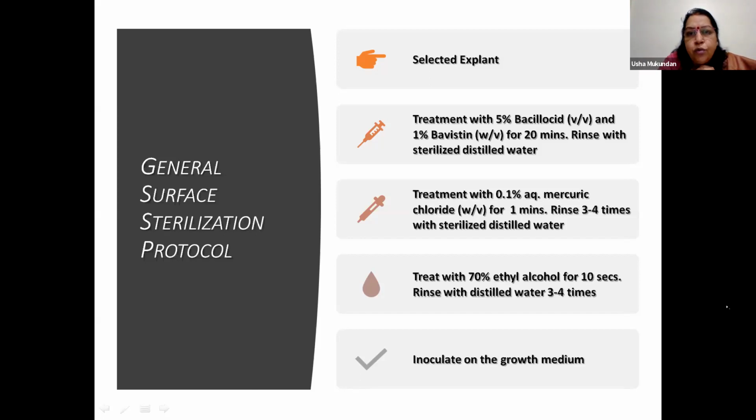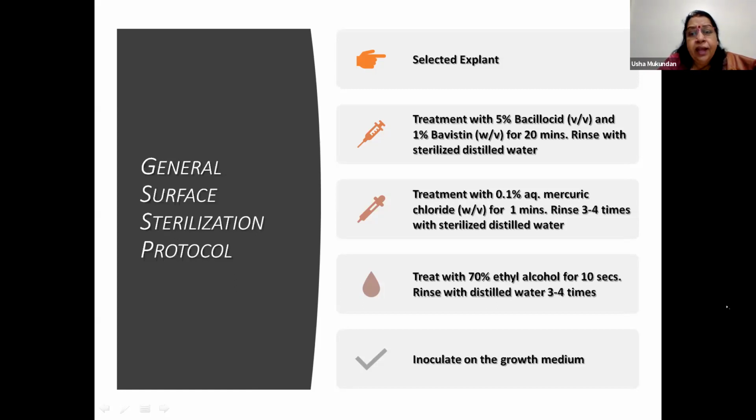All these procedures you do under a laminar airflow because you want to work under sterile conditions. Then using your hand, you swirl it so that it mixes properly, and you continue the sterilization process for 15 minutes. Now, does anybody have any idea how chlorine acts as a sterilizing agent?